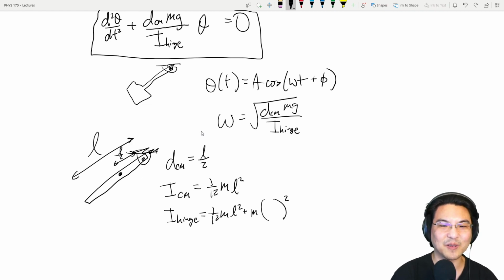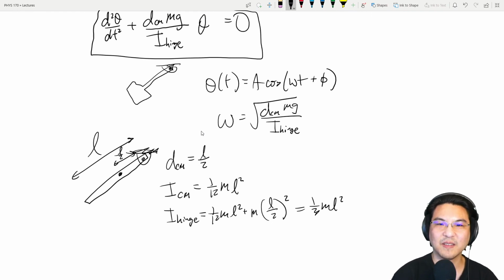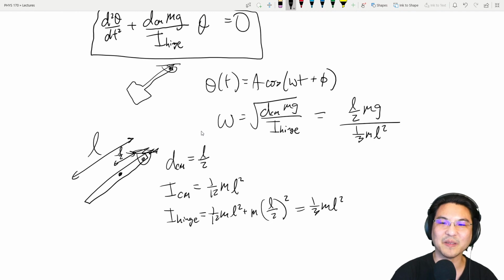What's the distance between these two? L over 2. So that's 1/12 plus 1/4, which is 1/3. So it would be L over 2, and then the moment of inertia about the hinge, 1/3 ml squared.